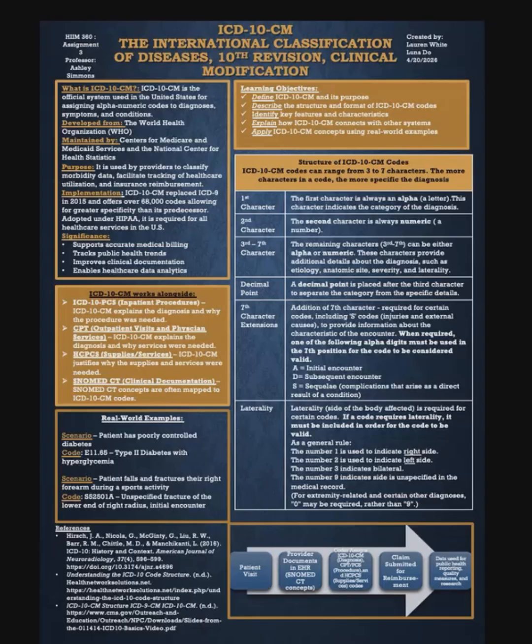An additional seventh character may be required for certain codes, including S for injuries and external causes, to provide information about characteristics of the encounter. A would be placed in the seventh character to represent an initial encounter. D would represent a subsequent encounter, and S indicates a sequela.